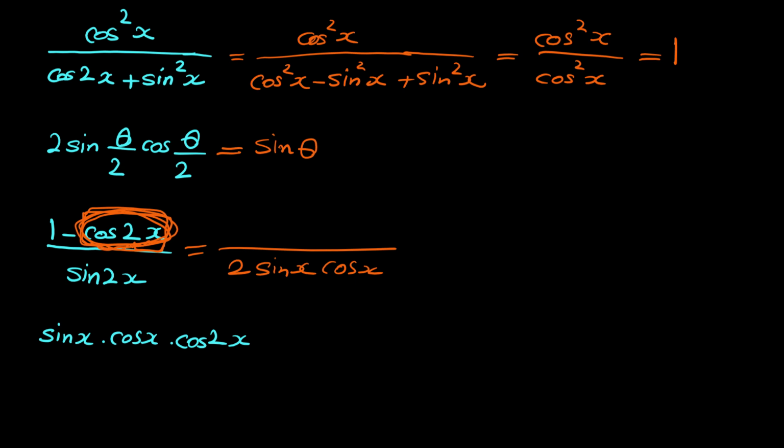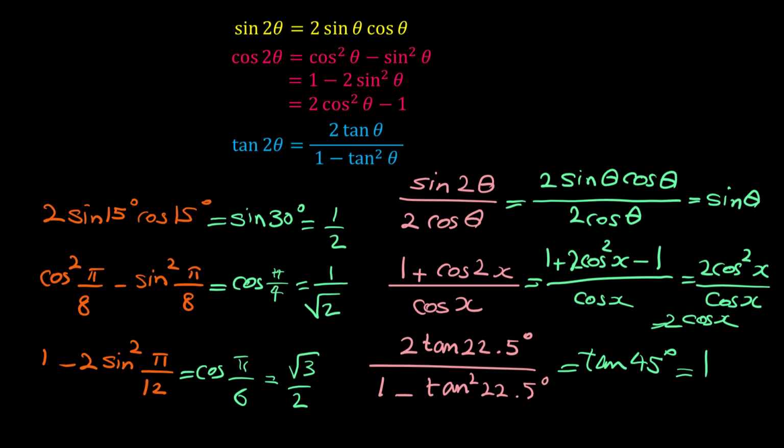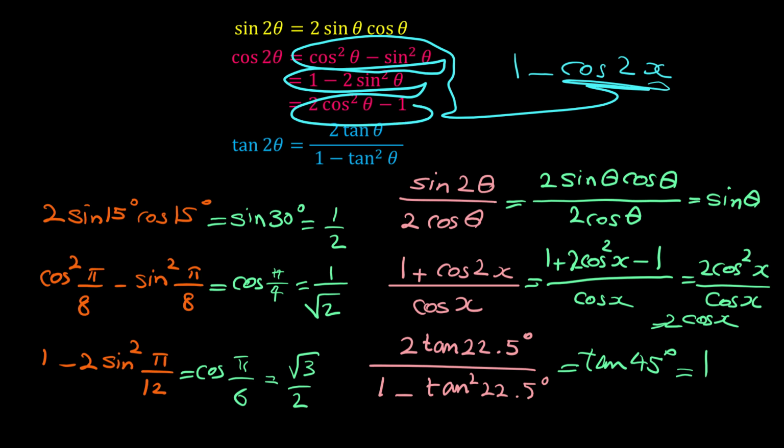Which one to use? We have 3 formulas. Attention, we have 1 minus cosine 2x. Which one of these 3 formulas is better to be used for cosine of 2x?